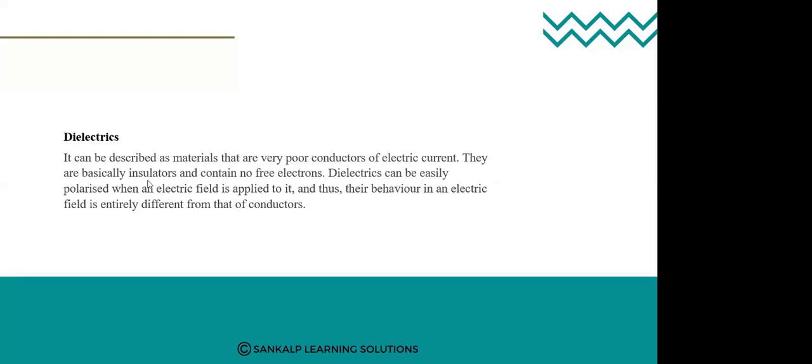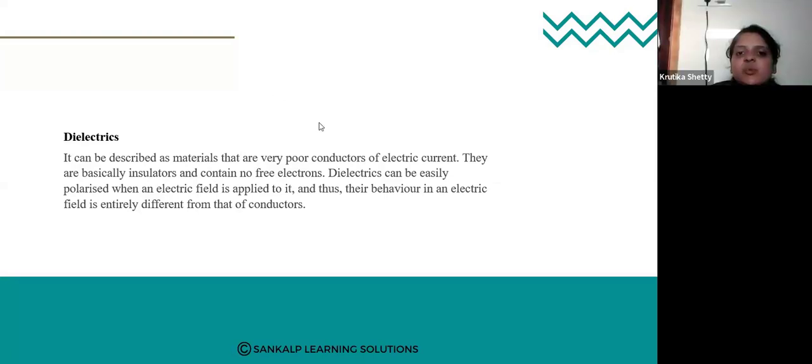Dielectrics, you can imagine these as insulators. Or you can call it what? A very poor conductor of electric current. Such materials are called what? Dielectrics. They're basically insulators and contain no free electrons.